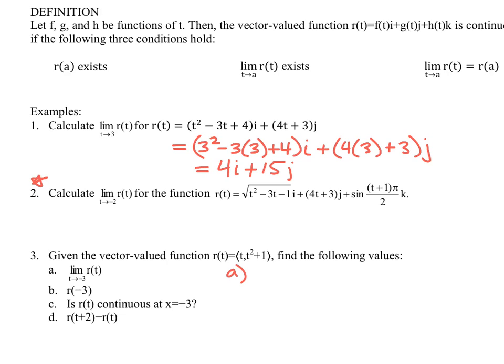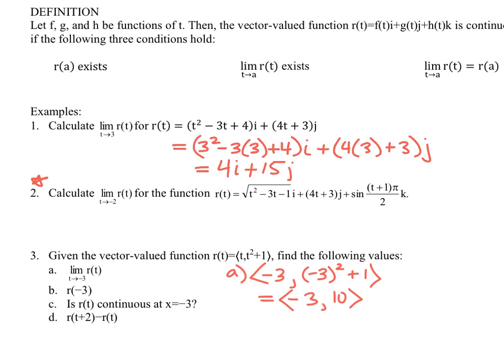So we're going to find a limit as t approaches -3 of r of t, which is just plug and chug. So -3, comma, -3 squared plus 1. So -3, 10.